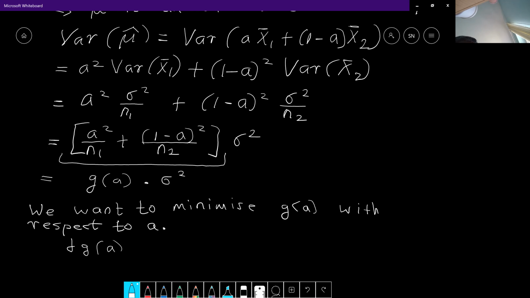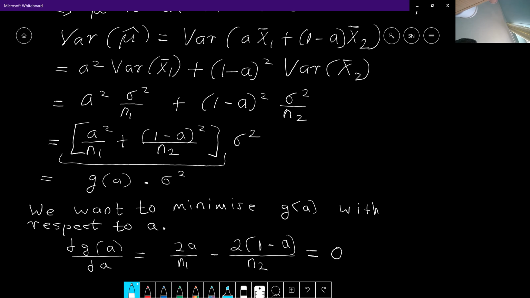So that's what I'm going to do. I'm going to take the derivative with respect to a, which is 2a, this is the derivative, and I'm going to set this to 0, right?